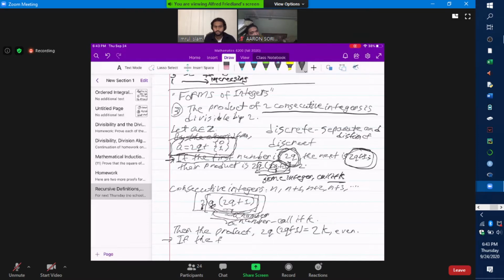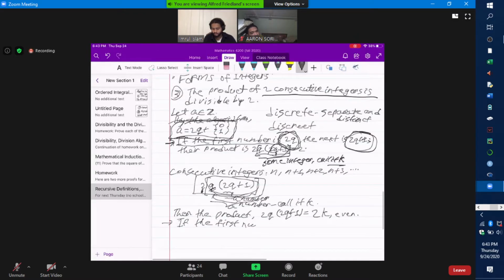If the first number is 2q plus 1, the next, and it's redundant to say the next consecutive integer. Next means consecutive, consecutive means next. So I'll just say the next integer is 2q plus 1 plus 1.